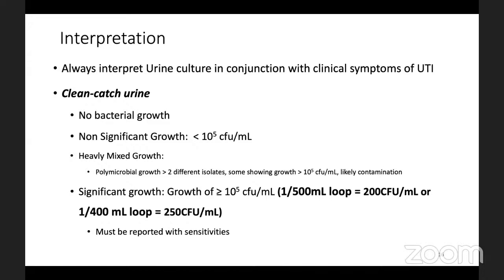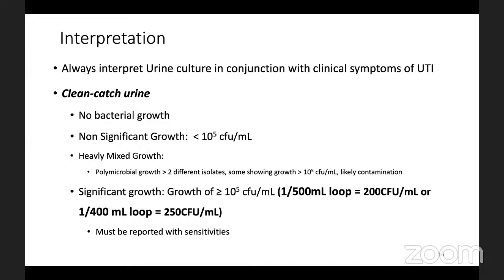It is paramount to always interpret urine culture results in conjunction with clinical signs and symptoms of UTI. And we'll get to know why later. So for the clean catch or the midstream urine, we can get no bacterial growth.